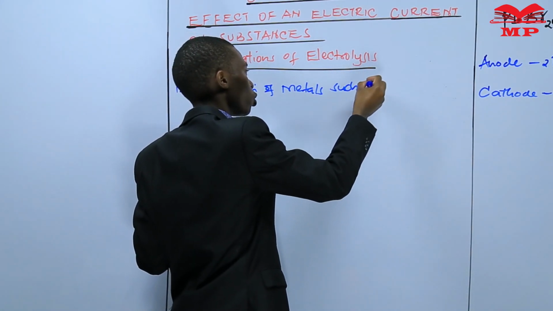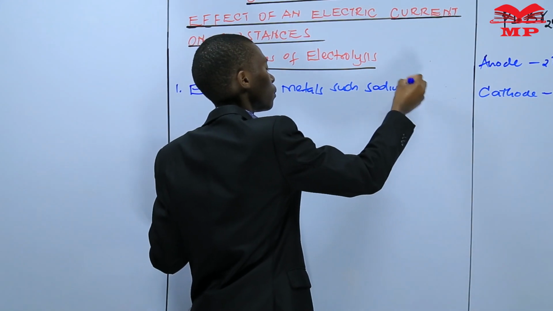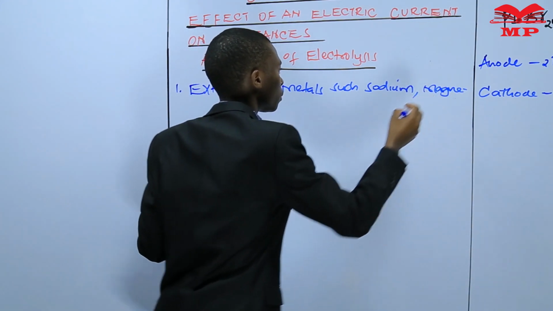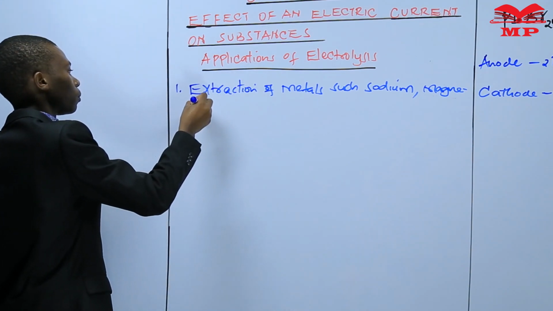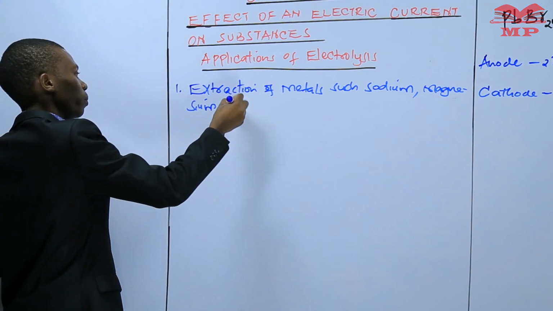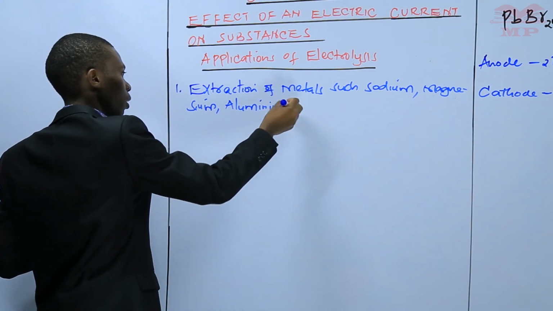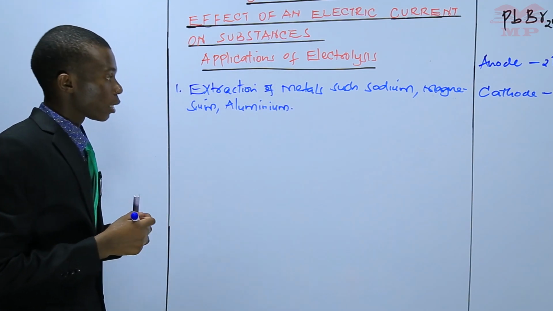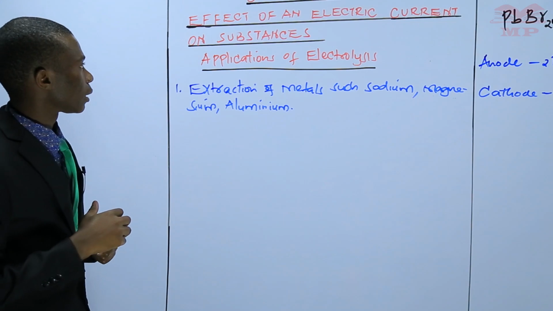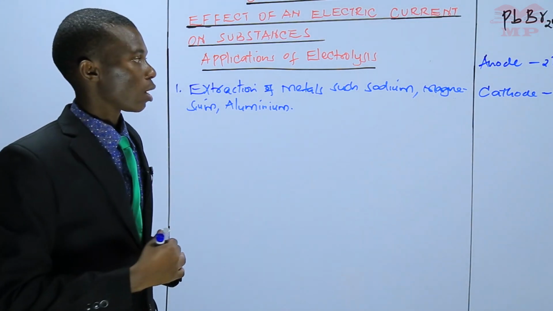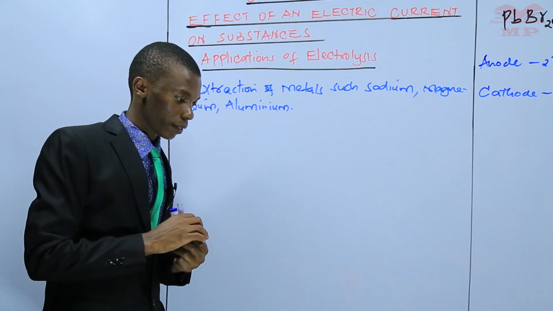Extraction of metals such as sodium, magnesium, aluminium. So extraction of these metals requires the electrolysis method for them to be extracted.